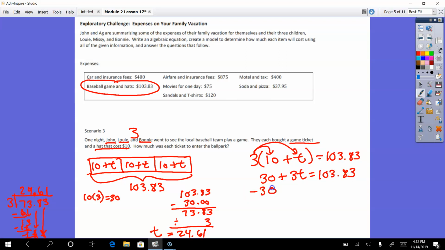And subtract the $30. Leaves me with 3t is equal to 73.83. And then we're multiplying by the reciprocal, which is the same thing as dividing both by 3. So t is equal to 24.61.